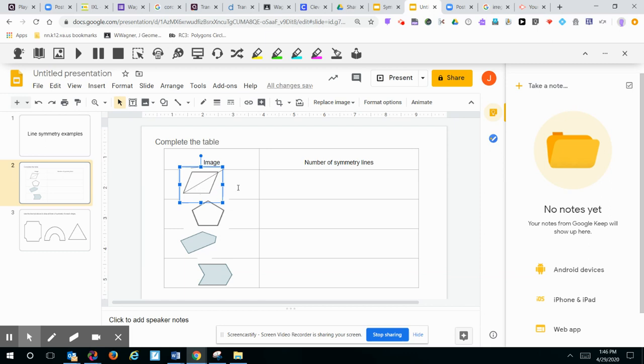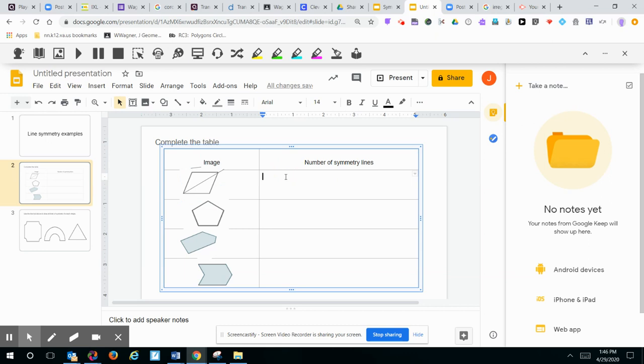And in this complete the table, we do not have to draw the lines in. So we just have to figure out how many lines of symmetry we think there are. So this has two lines of symmetry. I can draw through each set of diagonals.